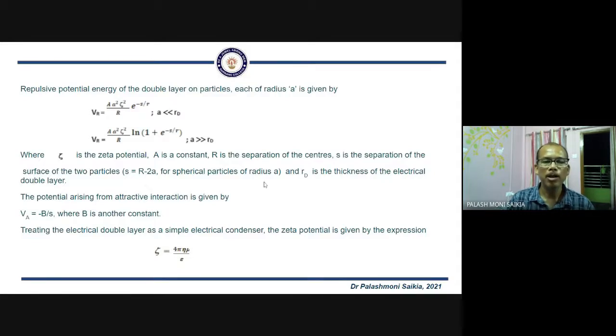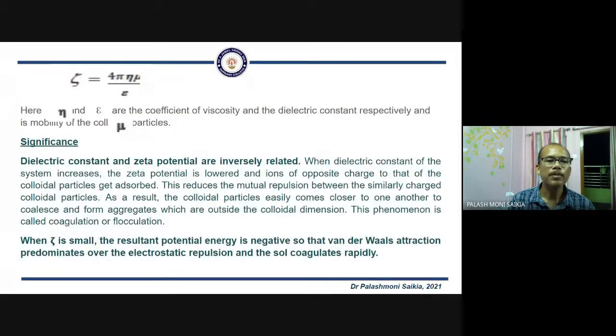Treating it as an electrical condenser, through DLVO theory an expression was derived for zeta potential, which is very interesting: zeta is equal to 4 pi eta mu by epsilon. Here eta is the coefficient of viscosity, epsilon is the dielectric constant, and mu is the mobility of the particle.